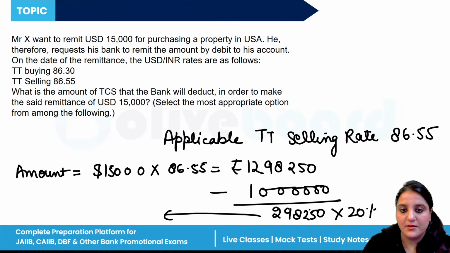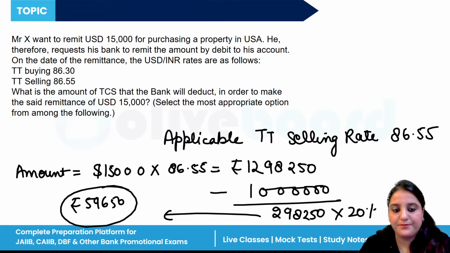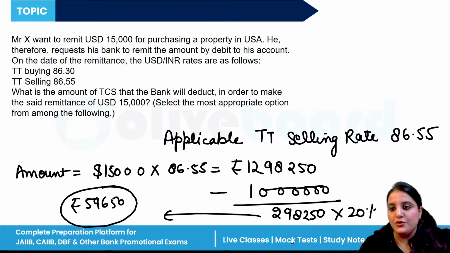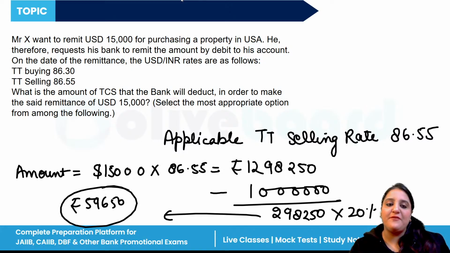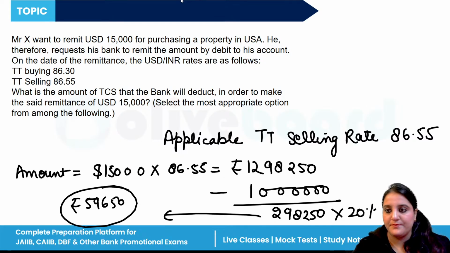The answer is 59,650. So we have to deduct 20% because in this case he's remitting the money. Clear?